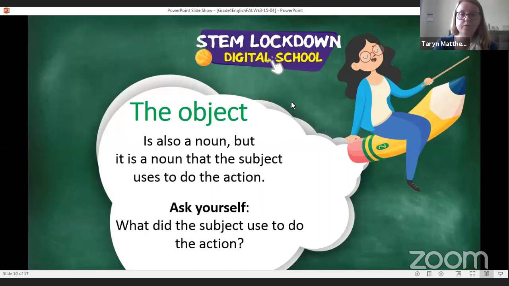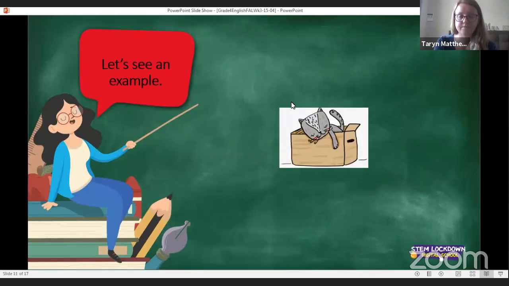So when you look for this object, you ask yourself, what does the subject do to the object? So let's have a look. So what do you think my sentence is going to be about? Let's see who's clever here with this picture. So it's got to do with a cat. Yes.